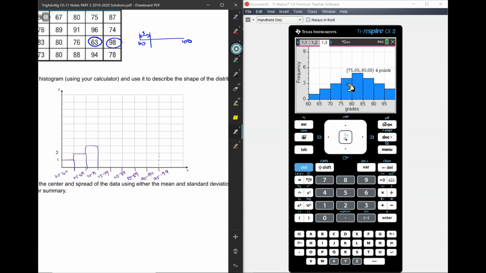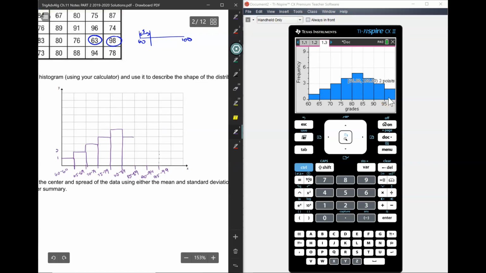Next one, I have 4. Next one, from 80 to 85, or 80 to 84, I have 5. And then I have 4, 3, and 2. So 4, 1, 2, 3, and 2. All right, so that's my histogram.